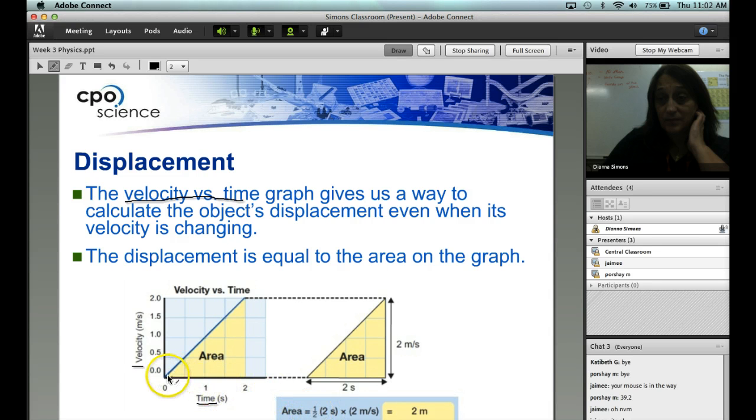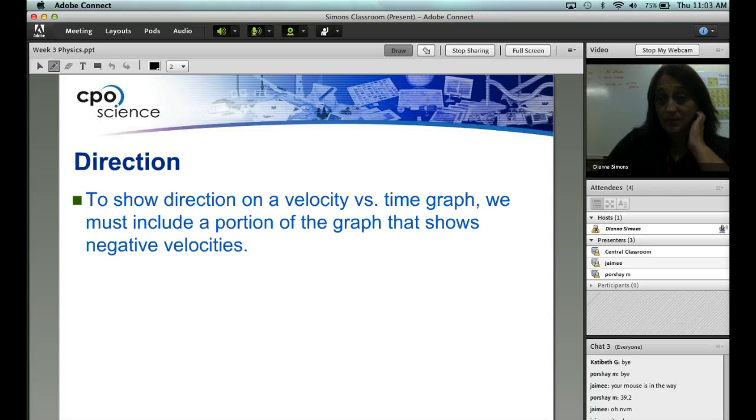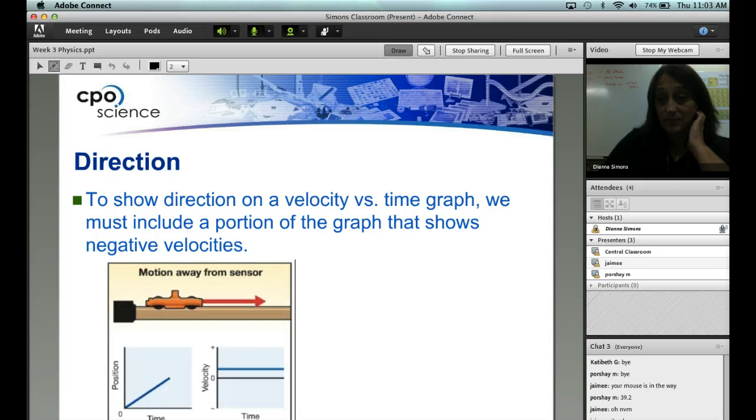In this particular case, it's the area of a triangle, right? One half the base times the height. So the displacement is just 2 meters. It's pretty easy to calculate, and again, it's important for being able to read the graphs and showing that it's not just torture, it's a lot of fun.